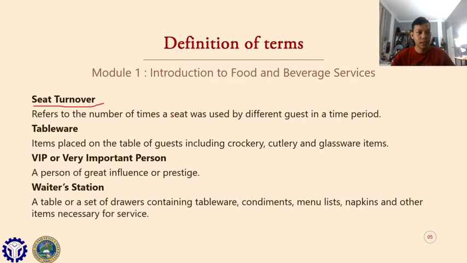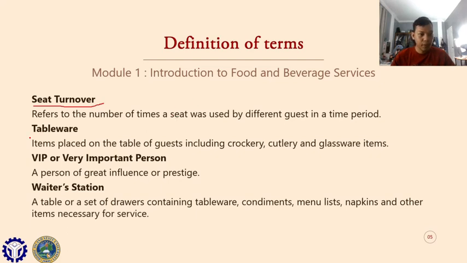So this is called set turnover. They will take note of how many set turnovers in order to know how many guests are dining in the particular restaurant, and they are able to identify the revenue that they have gained on that particular day.